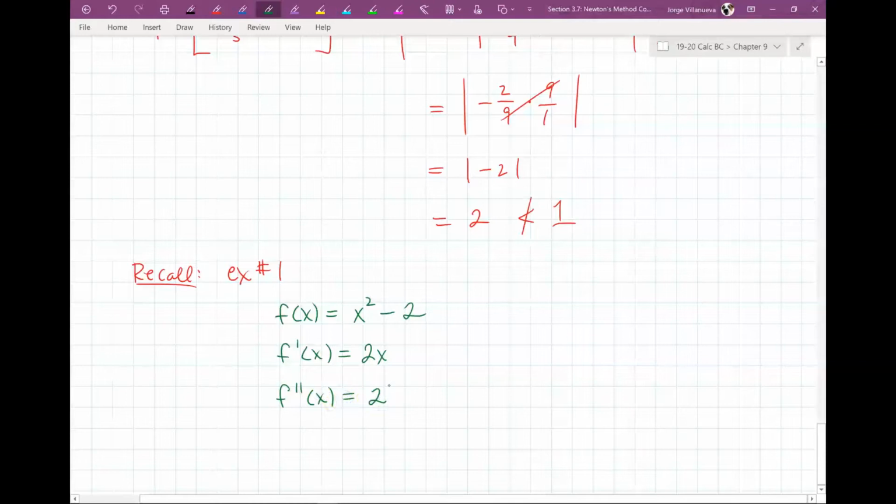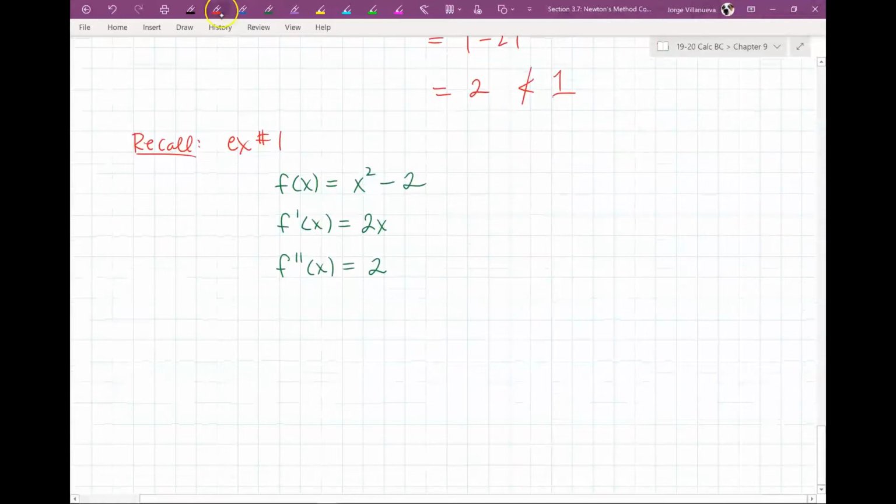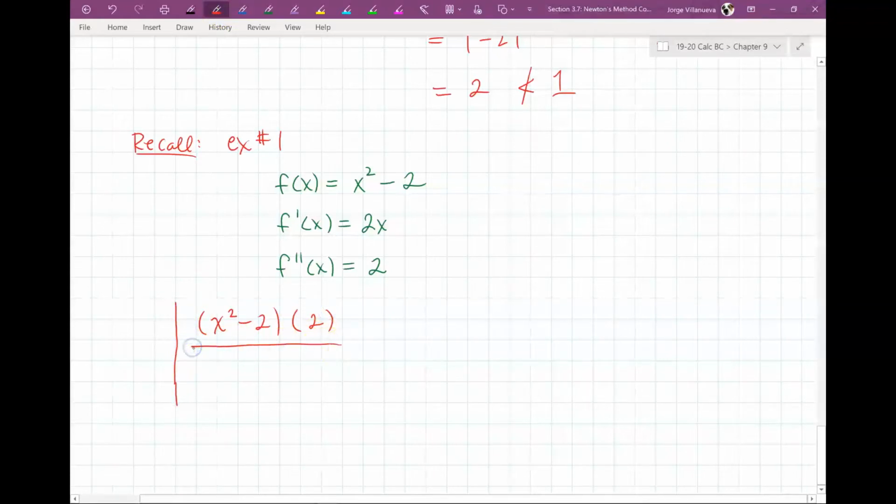Okay? Now, let me do the process of checking to see if it would work. So it's f of x, so x squared minus 2, times f double prime of x, that's 2, divided by f prime of x, 2x, quantity squared.